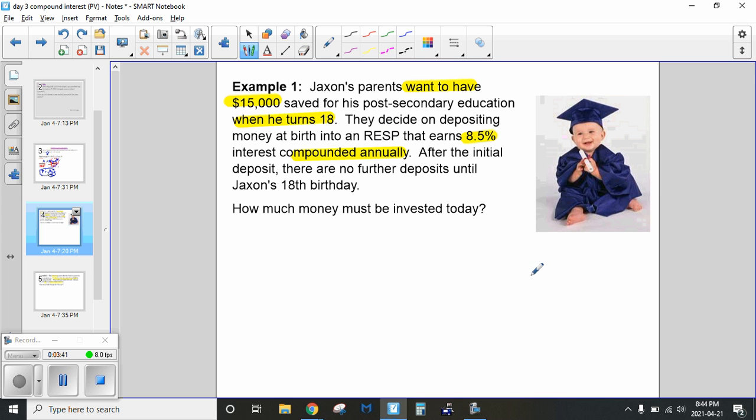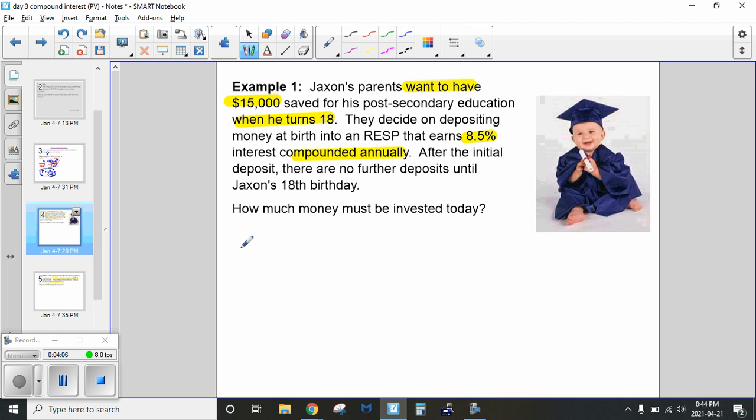So they decide to deposit money when he's born that will earn 8.5% interest compounded annually. After that initial deposit when he is born, there is no more deposits until he turns 18. Okay, so it's just like a one-time lump sum investment that they're trying to decide on how much money they have to put in.